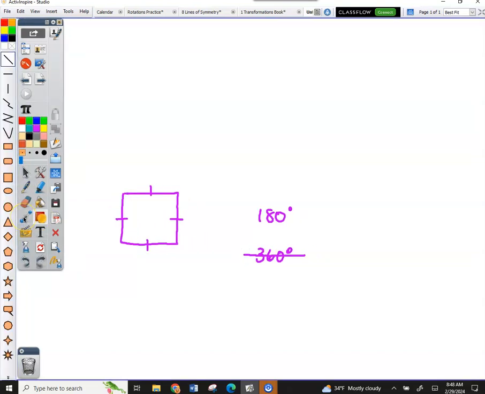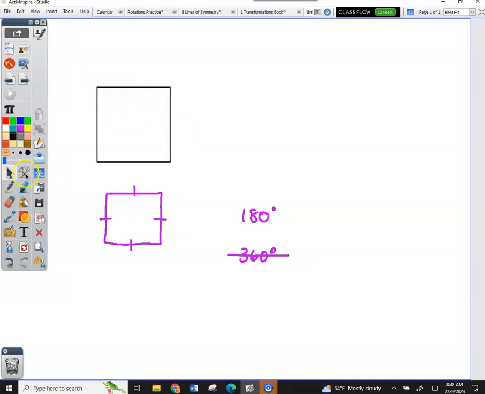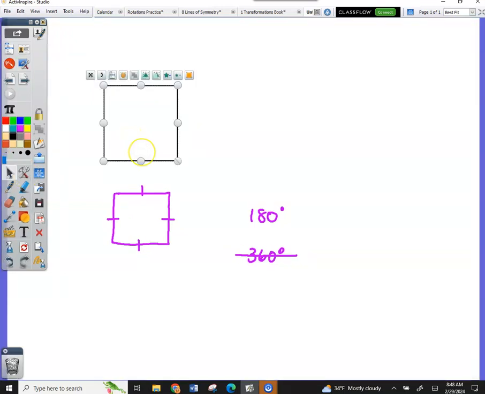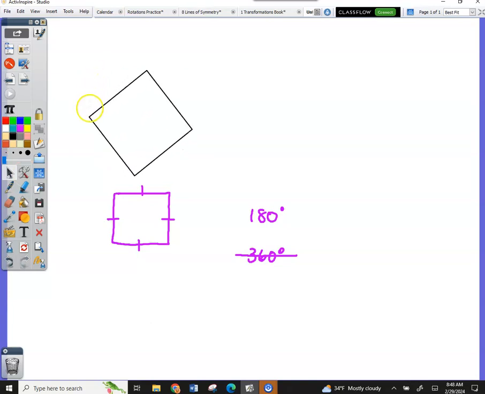I may need to draw a square because I don't think I can rotate that. There we go. There's a square, right? How many degrees is that?